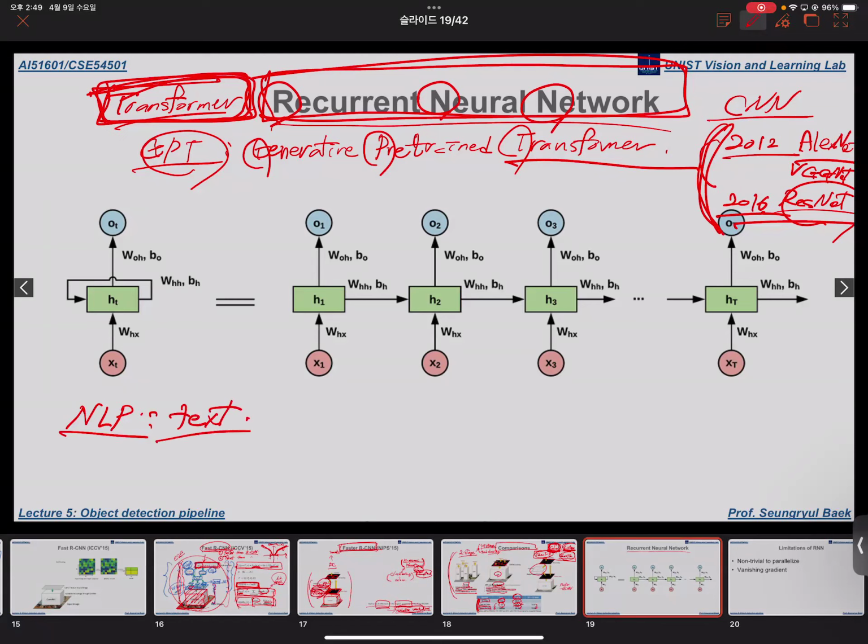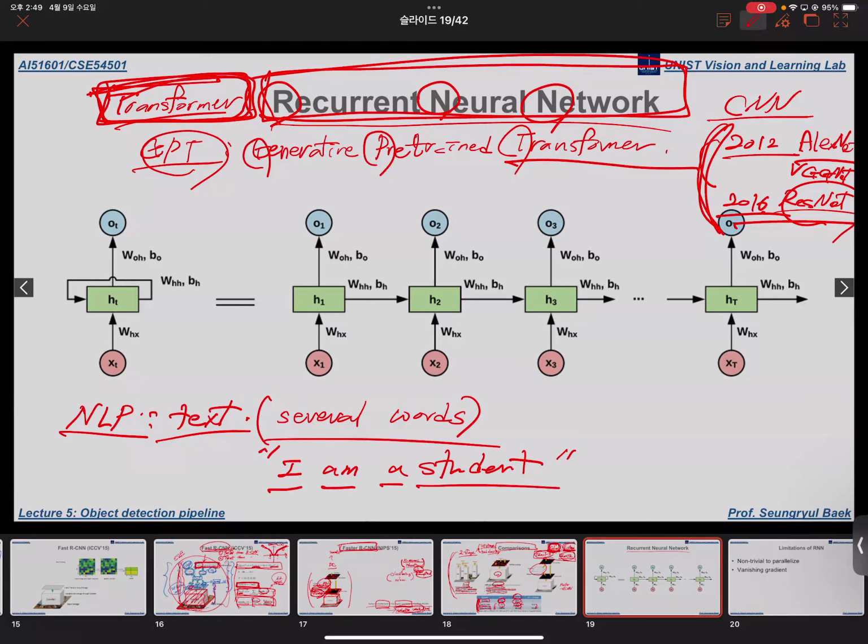Text is composed of several words, right? Okay, and for example, I am a student, okay? This kind of sentence is a text signal, and it is composed of several words, okay?